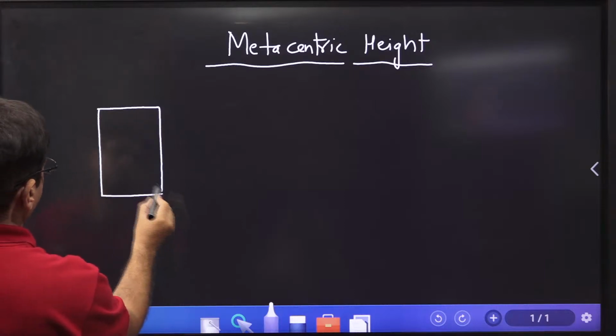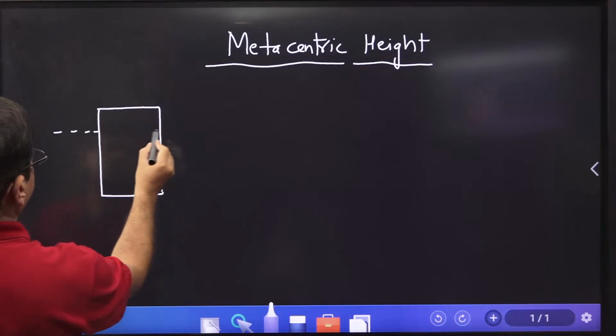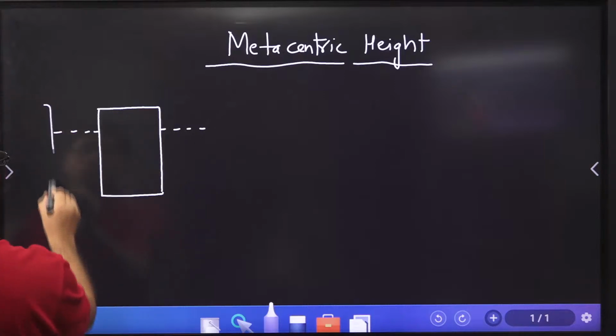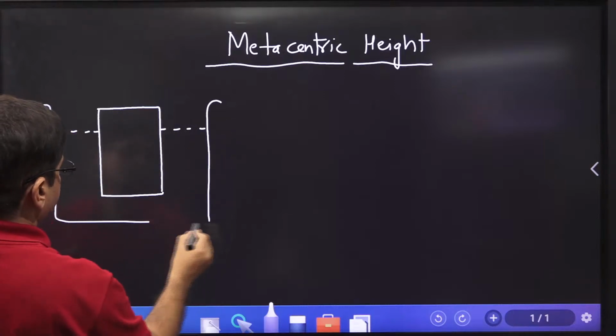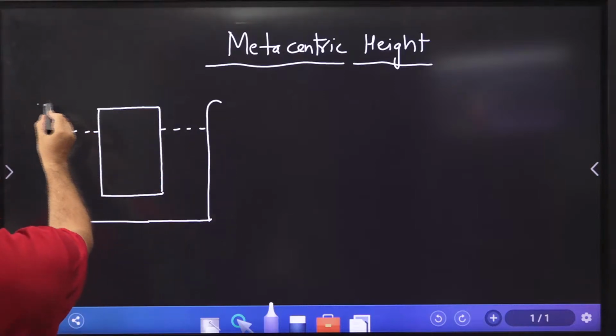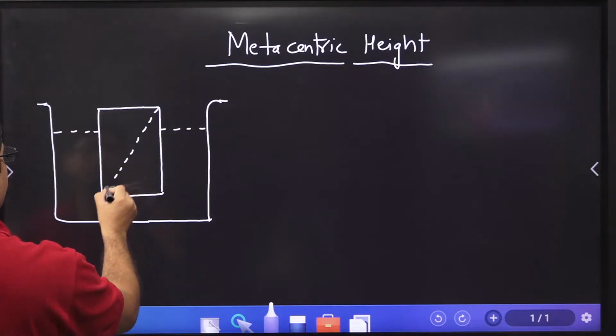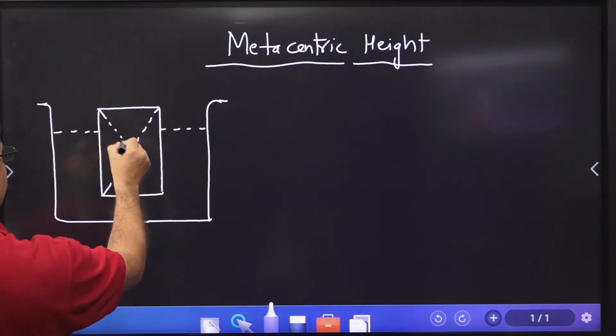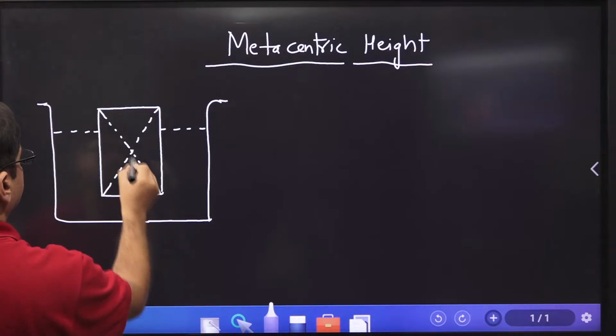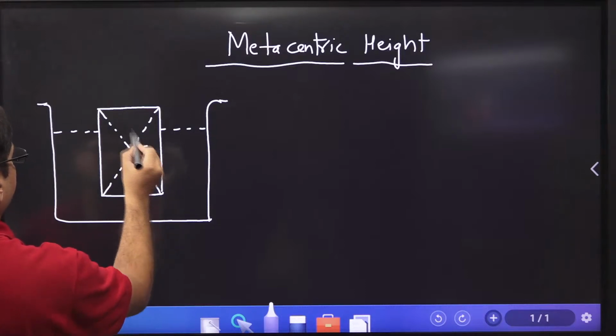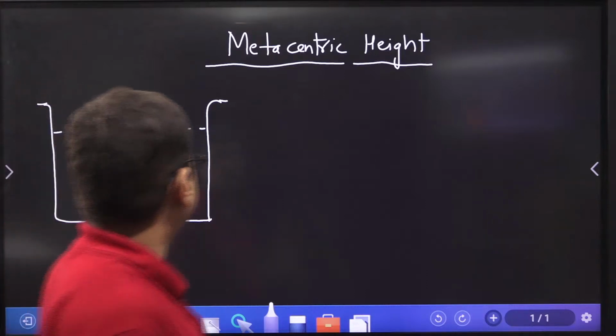floating bodies. Before I discuss with you what metacenter is, let me tell you there are some floating bodies. Let us say this body is a floating body. How do you find the center of buoyancy and the centroid of a body? This is how it is obtained.